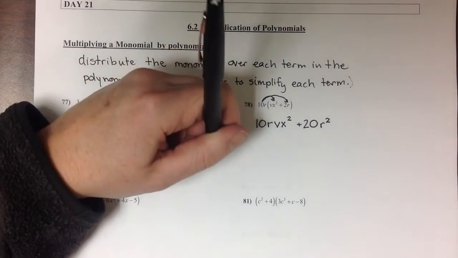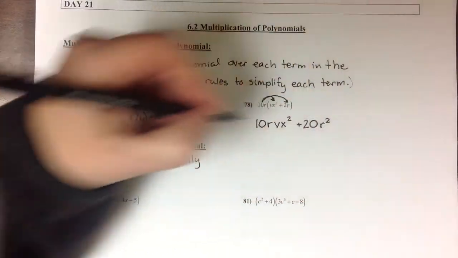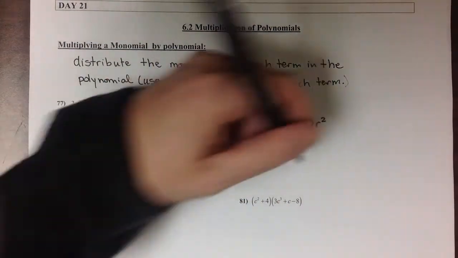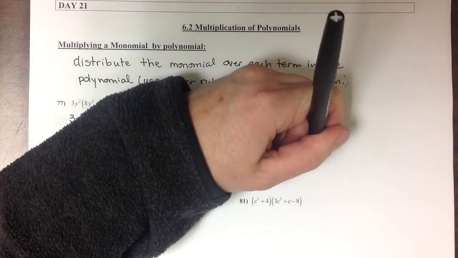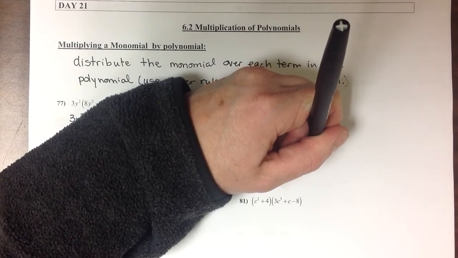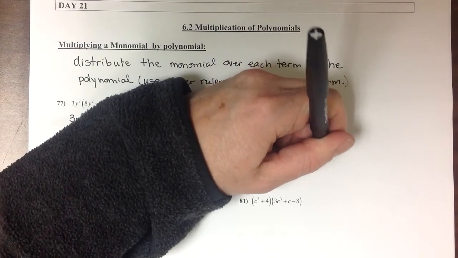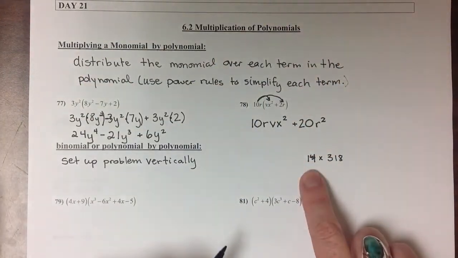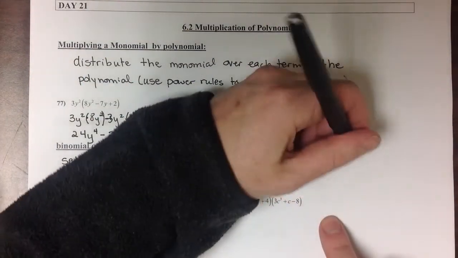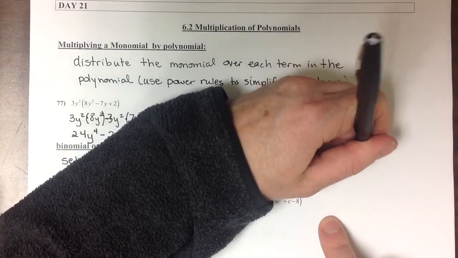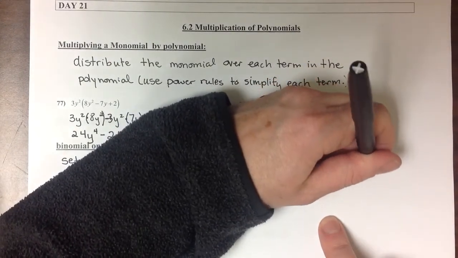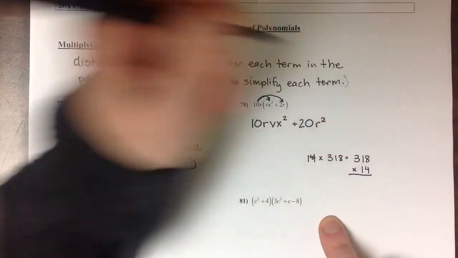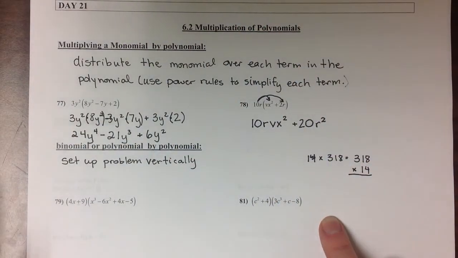Okay. And by that I mean the same way that you would take, let's use 14 times 318, you would write 14 times 318 as 318 on the top and a 14 on the bottom in order to multiply it.